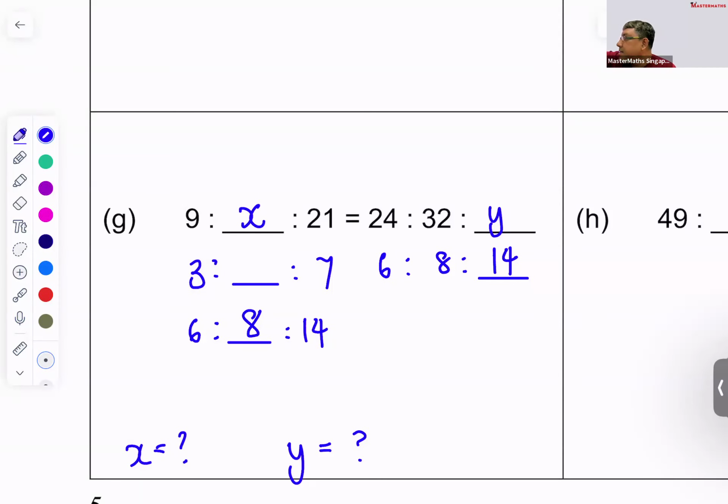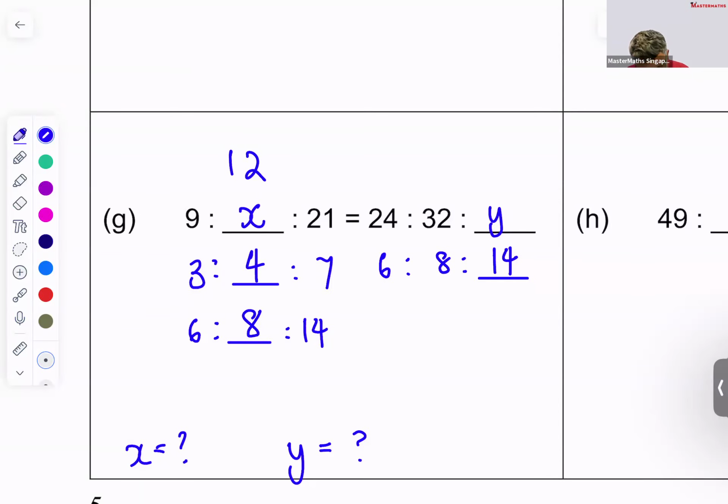Because if X is 8, then this must be 9. So what must I do? I divide by 2 first. So this is 4, right? Agree? This is 4. How did I get to 4? I divide by 3. So that means this one I must times 3. So this is 12.